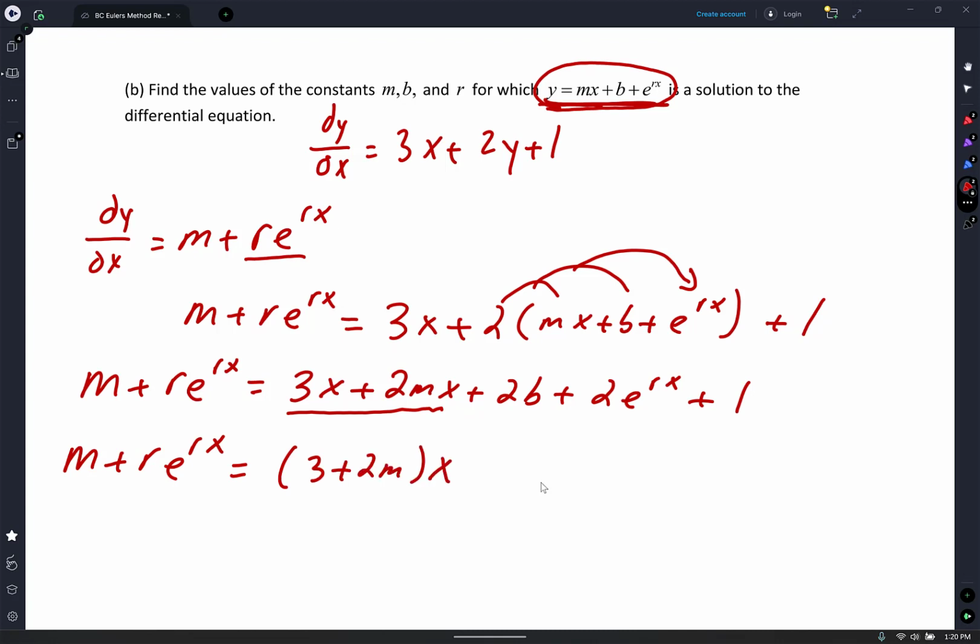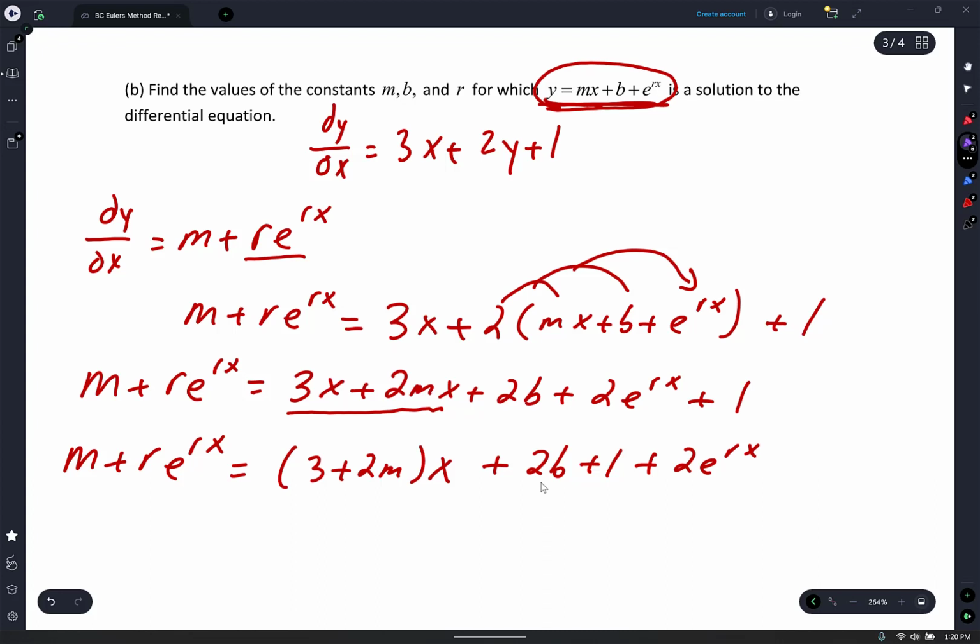All I did was group. I'm just grouping to make it easier for me right now. Did you subtract 2b plus 1? No, don't, because we're trying to figure, you know what I mean? 2b plus 1 plus 2e to the rx. Okay, here's what I'm doing. I grouped the 2b and the 1. That's some constant.